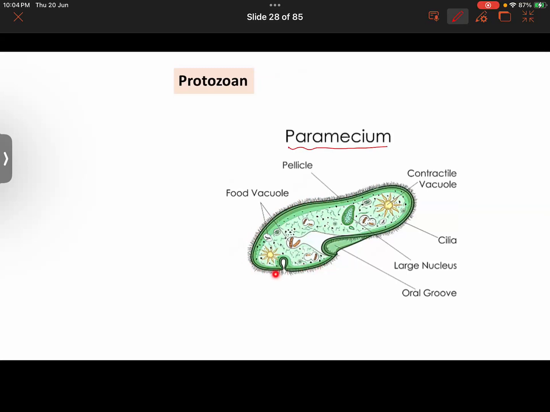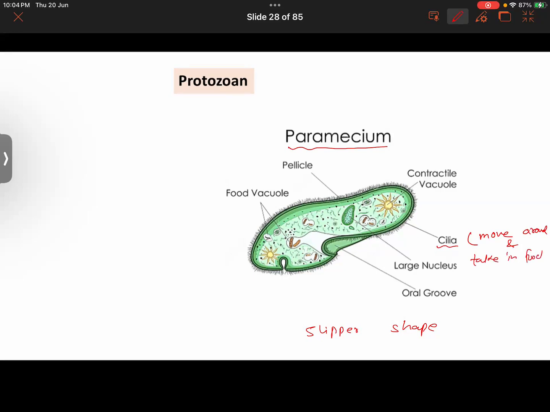It has a slipper shape, just like how a slipper looks. It has special hair-like structures on its body called cilia, which it uses to move around and take in food.